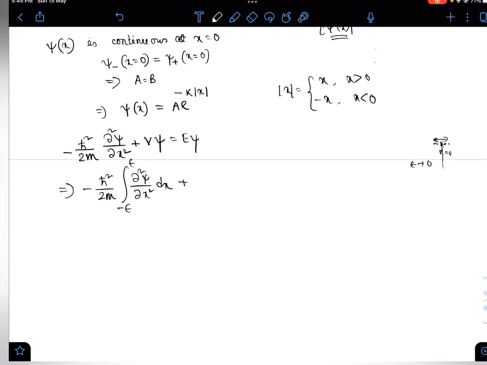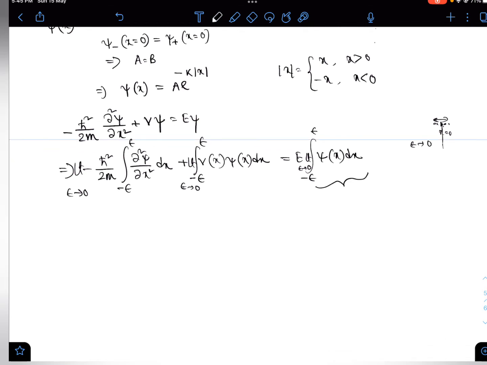From the second term we will get the integral of V of x psi of x dx from minus epsilon to epsilon, and the energy term E times the integral of psi of x dx from minus epsilon to epsilon. Now let us take the limit epsilon to 0.